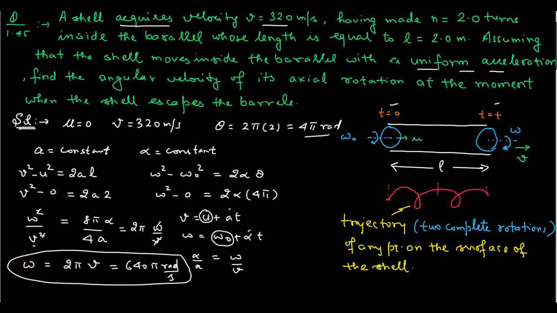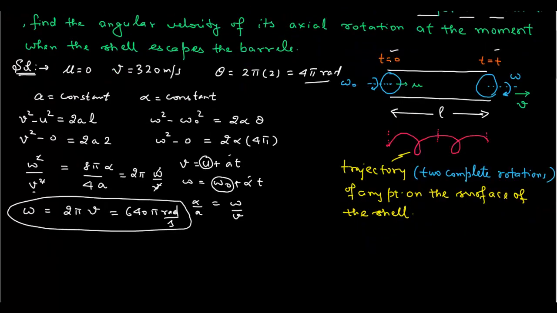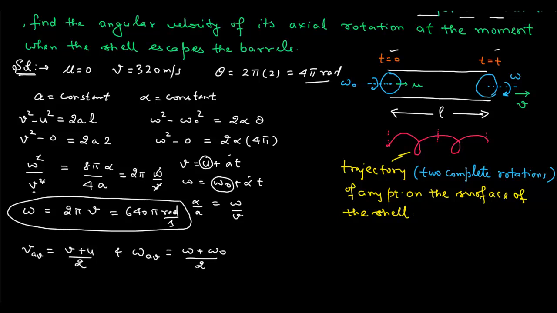There is one more way to solve this problem. Now the shell is moving from this point to this point, and it is given that the acceleration is constant. So we take the average speed of the shell as v plus u by 2, as the acceleration is constant. And also you can write the average angular speed as omega plus omega naught by 2. Clear? Now we know that u is 0 and omega naught is 0.